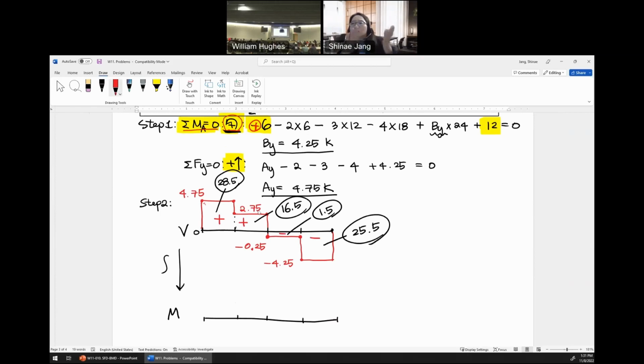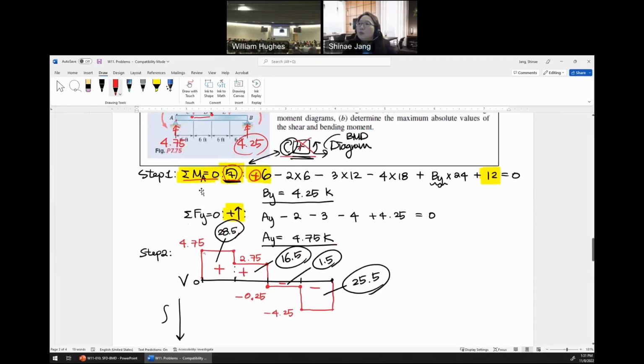Because integration of shear force is bending moment, that means shear force is the slope of the bending moment. And if slope is positive, what does it mean? Positive slope means increase or decrease? Positive slope, increase, right? And negative slope is decrease, right? So that's what we can get from here. And the areas here are changes of the bending moment, okay?